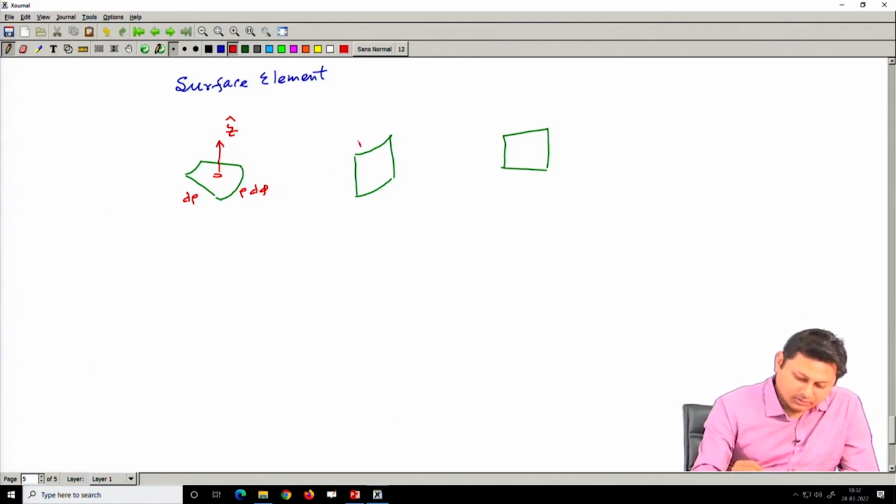This one is rho d phi, and along this we have the rho unit vector, and this length is my dz. What about this one? So this is d rho and this is dz, and along this direction it is the phi unit vector.